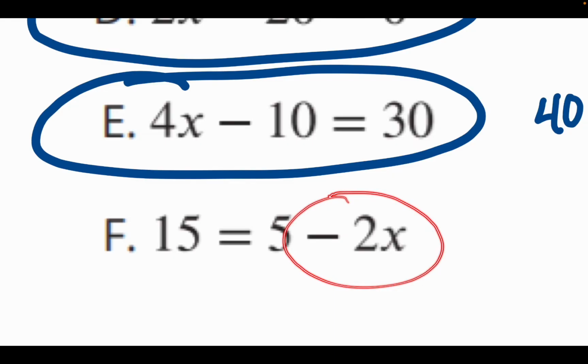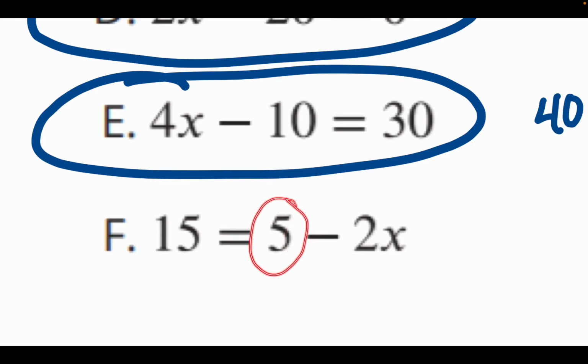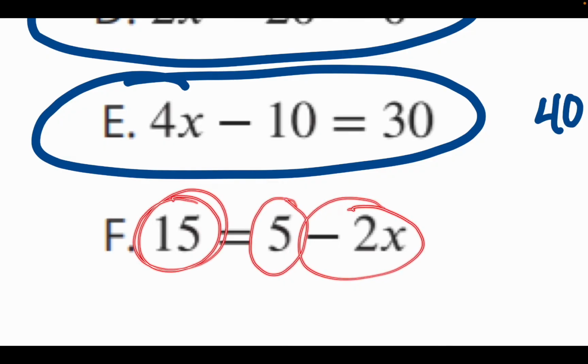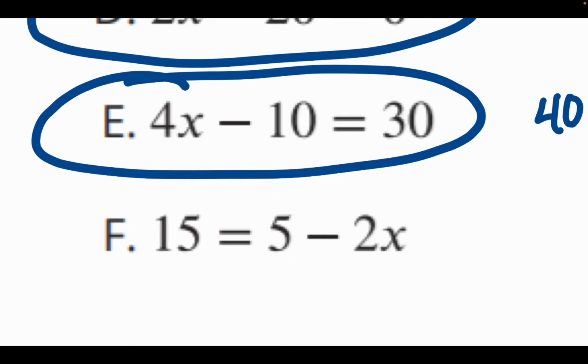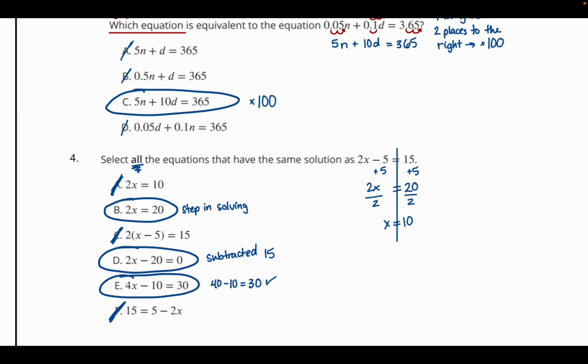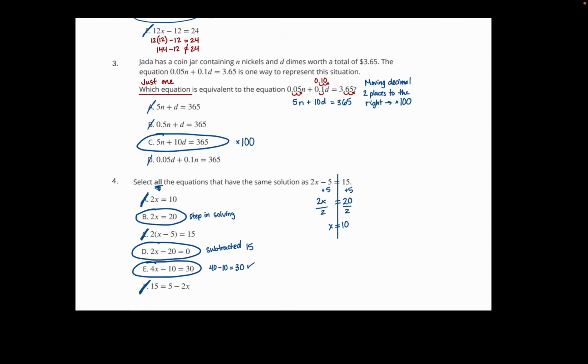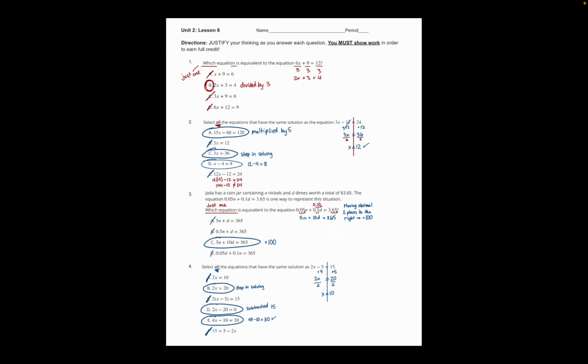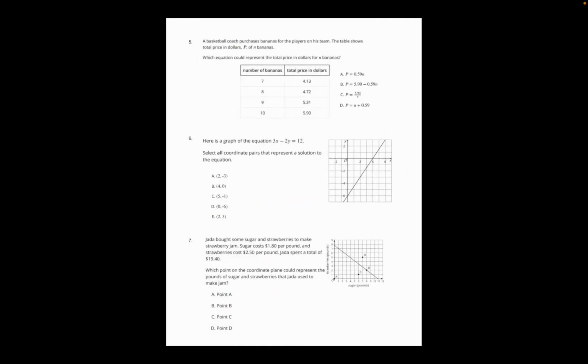The negative sign goes with whichever number it's in front of, and so that's why we can't just swap orders. 5 needs to be negative, and the 2 would need to be positive in order for it to equal 15. So F is not a choice we're going to use. So for number 4, we had B, D, and E. And that finishes off the front page, so let's move on to the back.